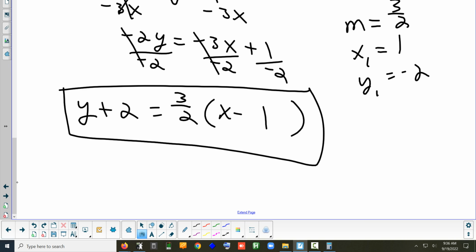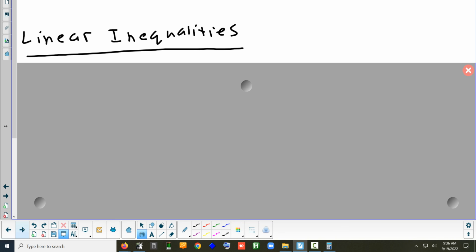Okay, so the last thing is how we draw not just a line, but an inequality. If you don't remember, this is basically kind of like this. You have to decide if you have a solid or a dotted line, and then you either shade above or shade below. People remember doing that kind of stuff?